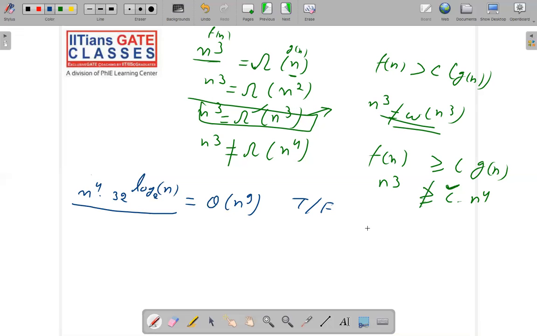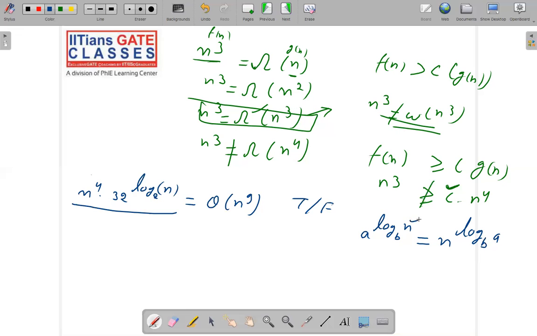So remember this logarithmic formula. If you don't know logarithms, you must learn them for the algorithms course. There is one formula for logarithms: a raised to power log base b of n can be written as n raised to power log base b of a.